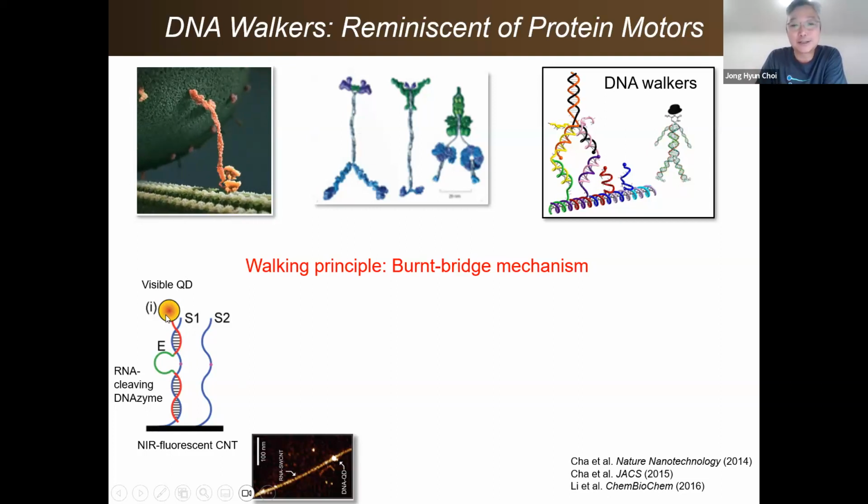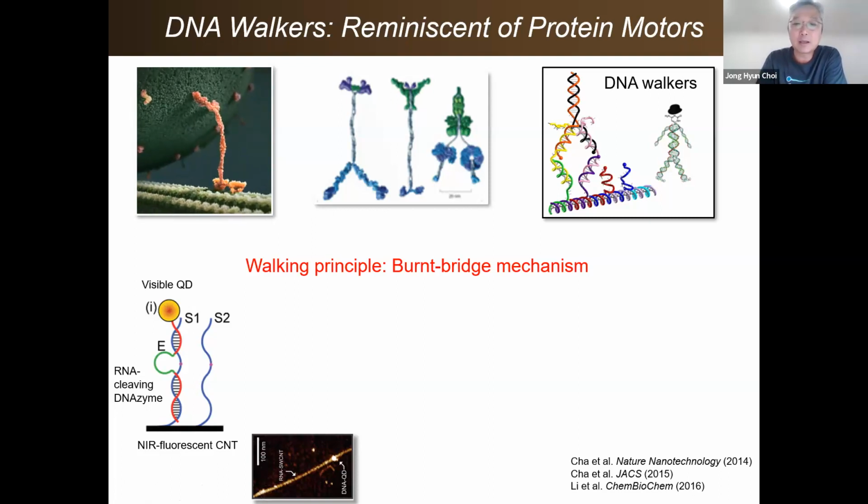We actually used synthetic cargos, quantum dots fluorescent in the visible, and single carbon nanotubes fluorescent in the near infrared. So we use the single carbon nanotube fluorescence as well as the quantum dot fluorescence to visualize the track as well as the DNA walkers.